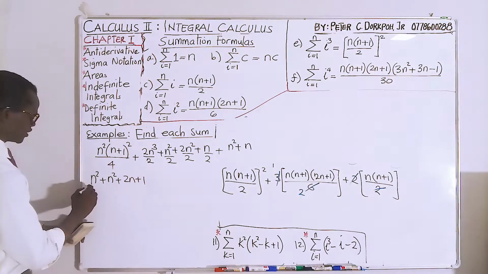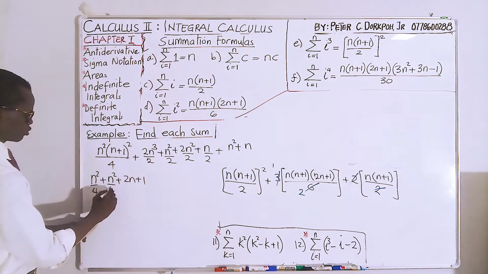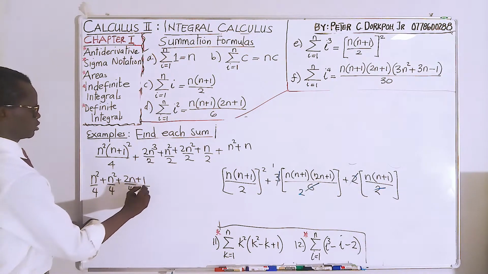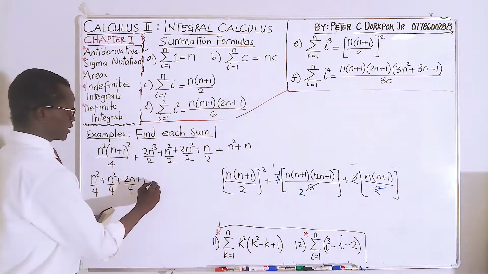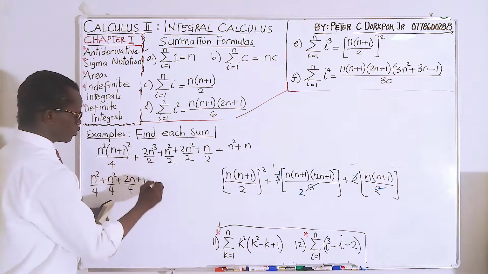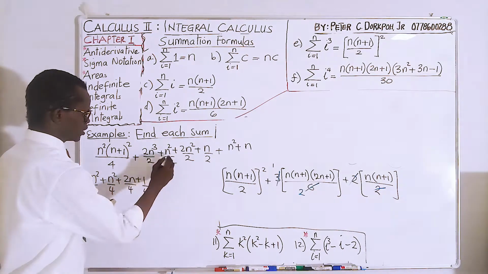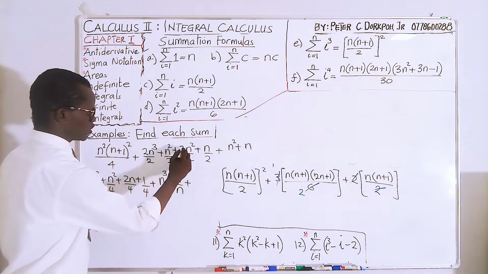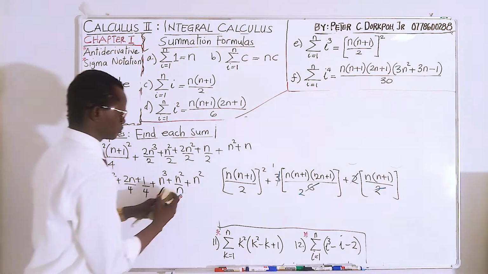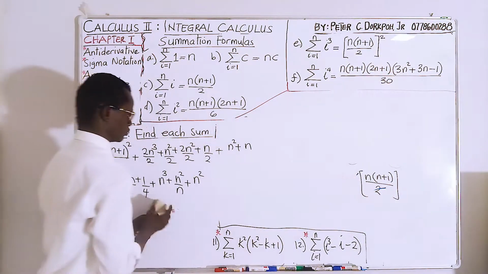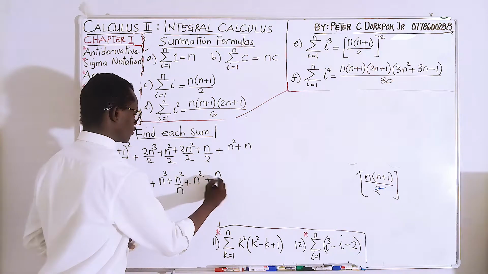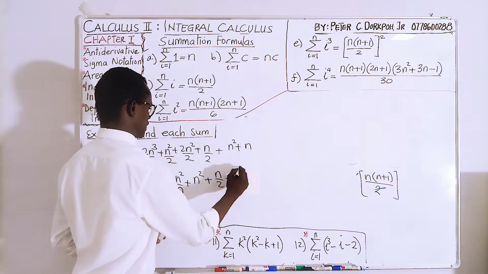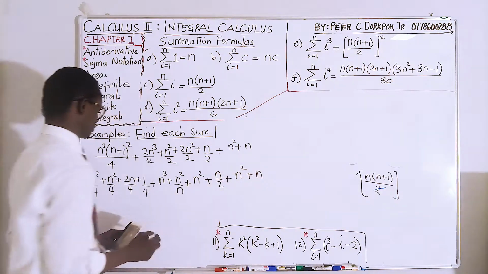Each of them must be expressed over 4. Plus, 2 and 2 will go out. You just have n cubed, plus n squared now over n. 2 and 2 will also go out, you have n squared. So this one now is plus n over 2, plus n squared, plus n.